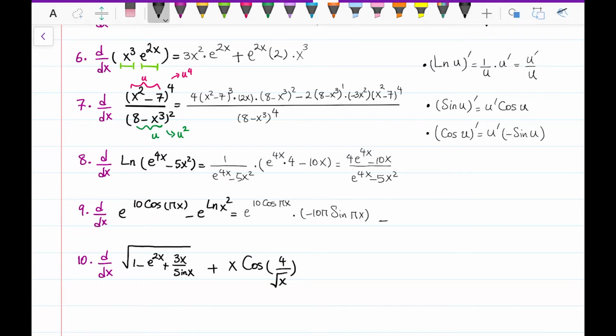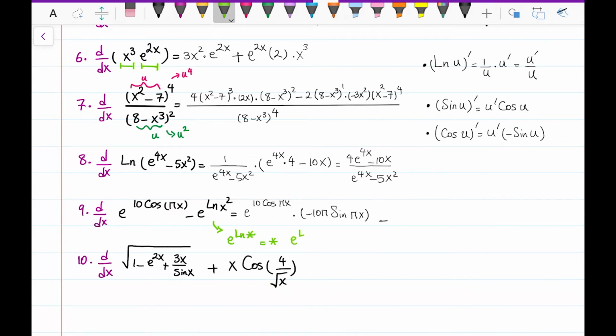Then minus e to the power of ln of x squared. So let me give you a recall. If we have e to ln of any function, anything, star, it would be star because the function ln and the function e are inverse of each other.